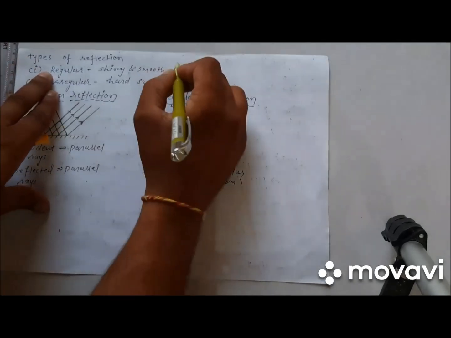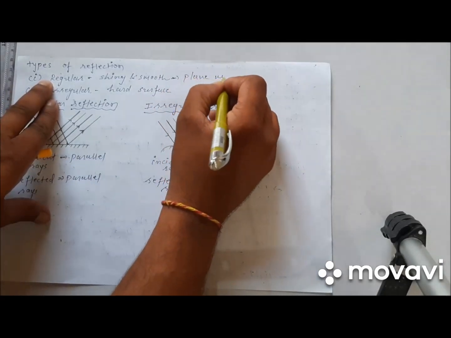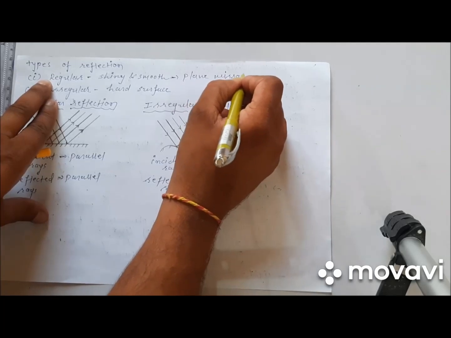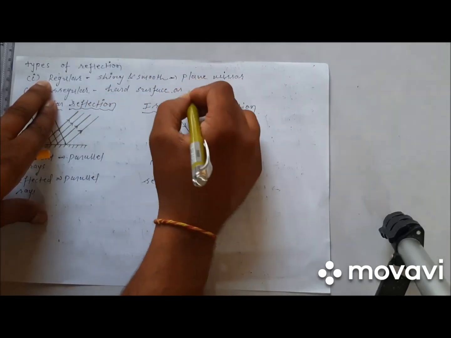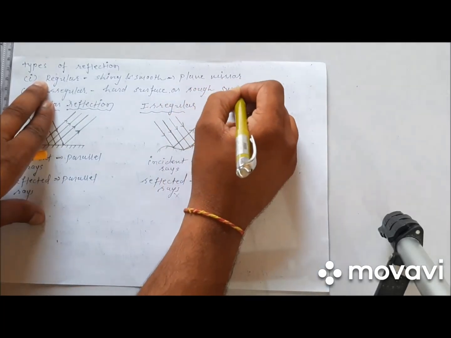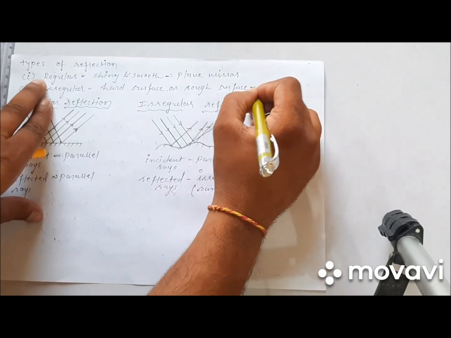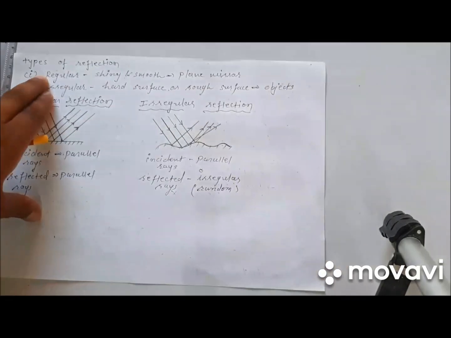Regular reflection is generally seen with a plane mirror or smooth surface, and irregular reflection is done by different objects.